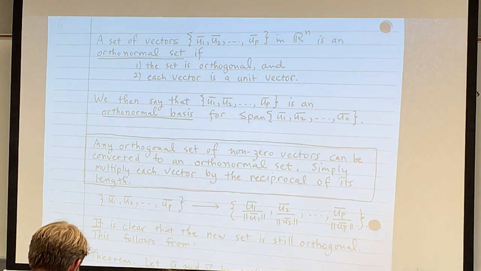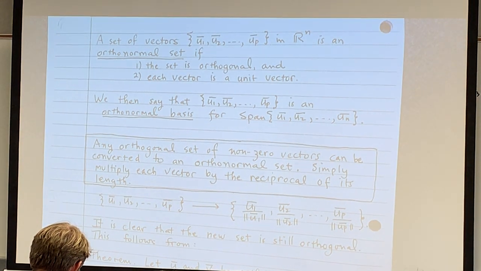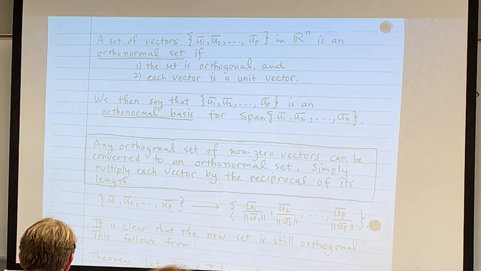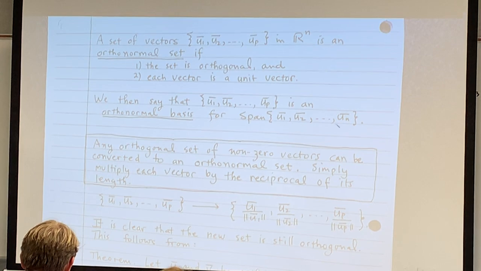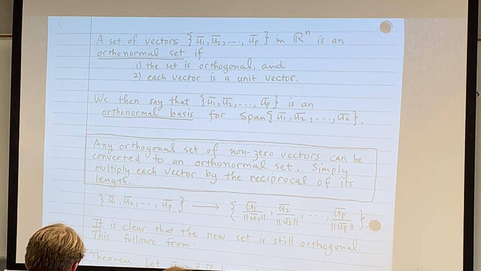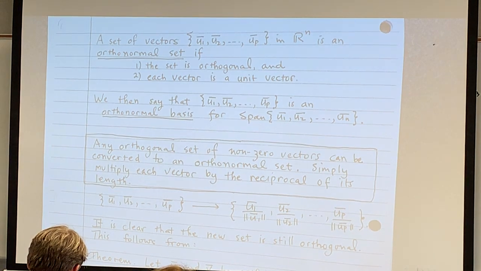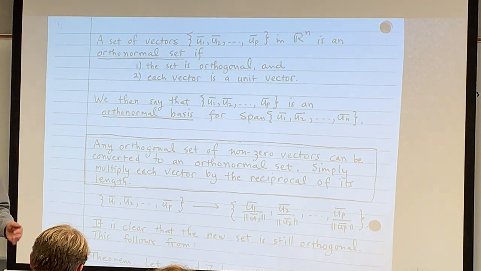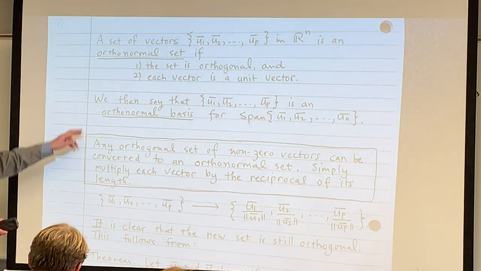So we've already seen there's something about an orthogonal set that makes computations come out nice. We can find those scalar weights or components of vectors using an orthogonal basis pretty easily. It turns out if the orthogonal basis is composed of unit vectors, so if it's orthonormal, computations are even easier in life.